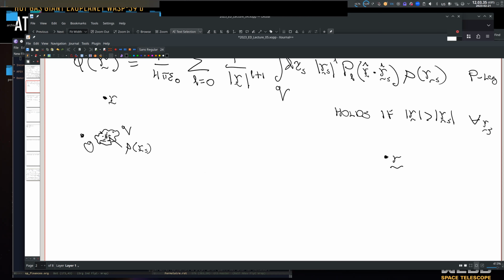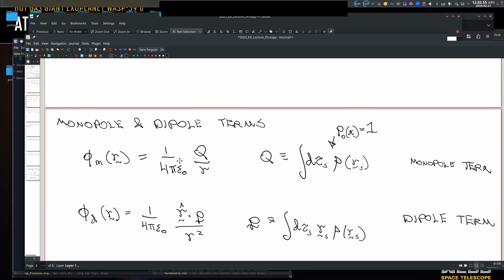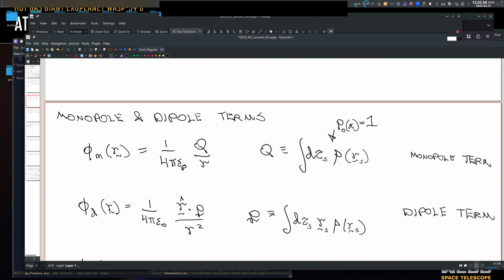But if there is a residual charge, if there is, when I integrate rho throughout this volume, a non-zero value, then what I'm going to see from this point is essentially a point charge containing this total integrated charge in the blob. Okay? So that's the monopole term. The monopole term looks like the potential of a point charge, this charge being the integrated charge within the volume that I'm considering. Okay? So that's the first approximation.